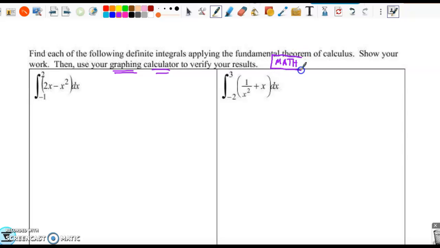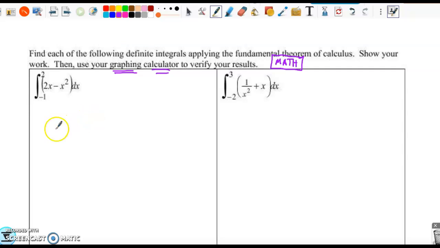And what's nice about the TI-84, at least the Plus CEs, the Pluses might have it as well, is the calculator looks exactly like this. So if you type into a graphing calculator under the math tool, I think it's integral, int maybe, and you type it in, it'll just spit out the answer for you.